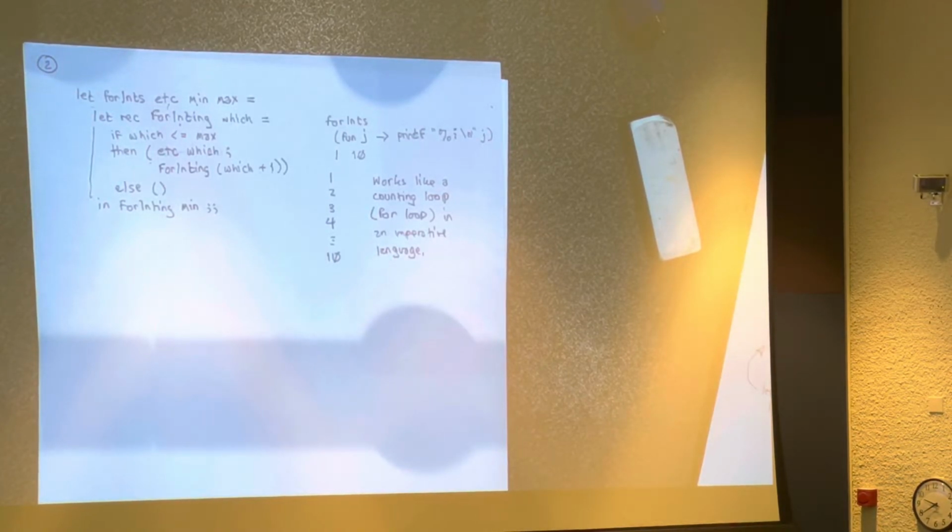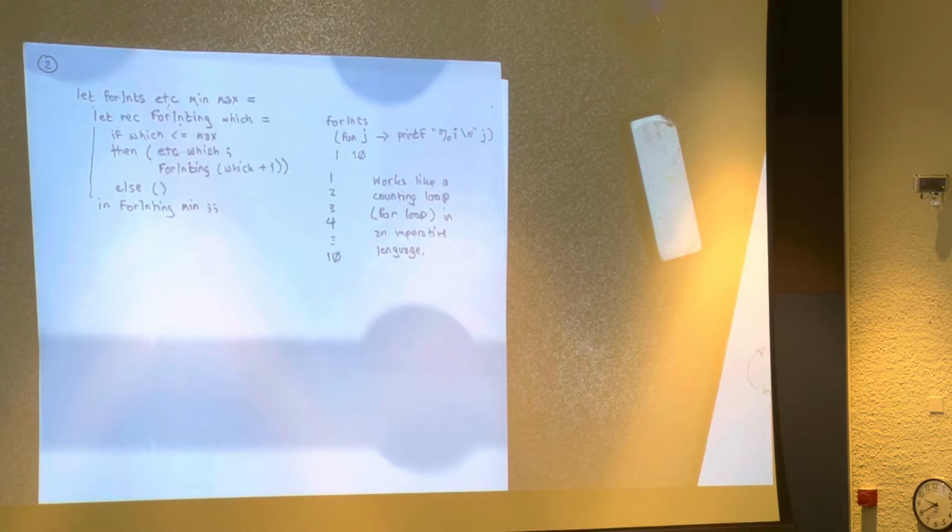Yeah. So it calls the continuation with which. The continuation does something with it. For_ints doesn't care what it does. And then it goes on to get the next value. That's what the recursion does. Did that answer your question? Yeah. All right, other questions?